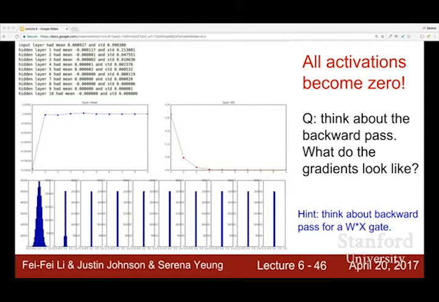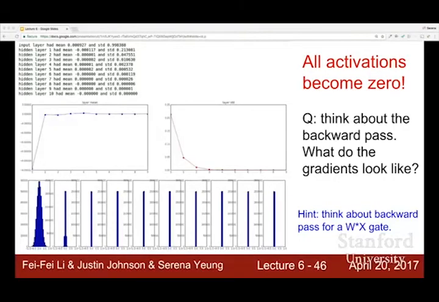Now let's think about the backward pass. If we do a backward pass now, assuming this was our forward pass, and now we want to compute our gradients, first, what do the gradients look like on the weights? If we think about this, we have our input values are very small at each layer, because they've all collapsed to near 0. And then at each layer, we have our upstream gradient flowing down.